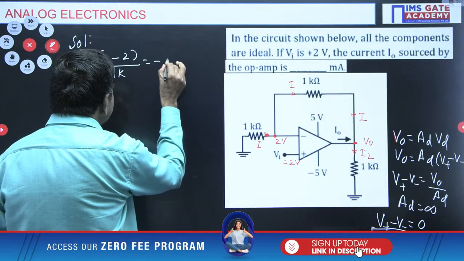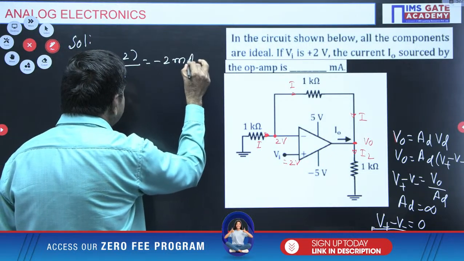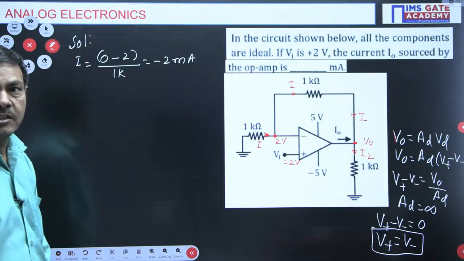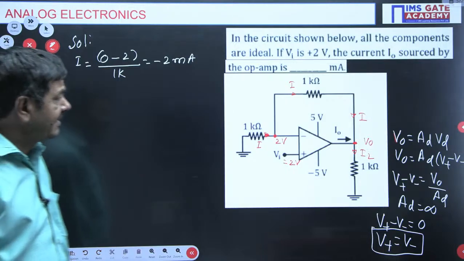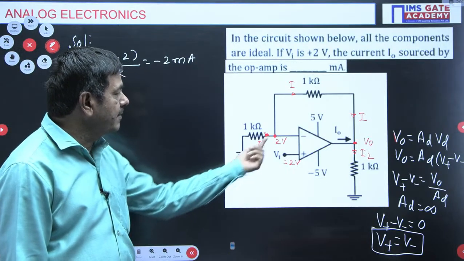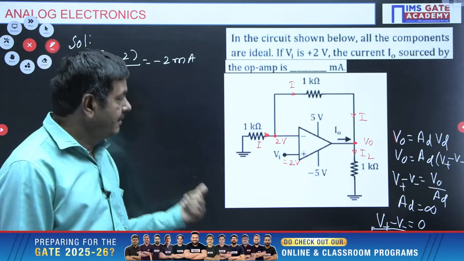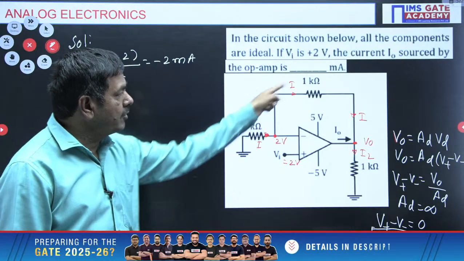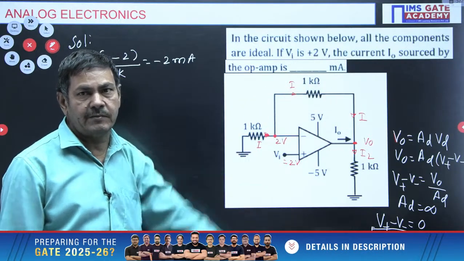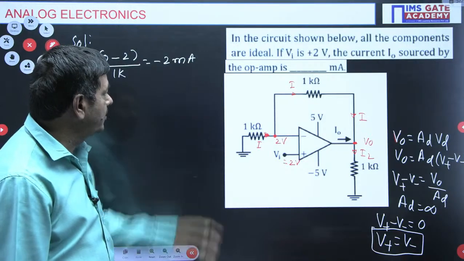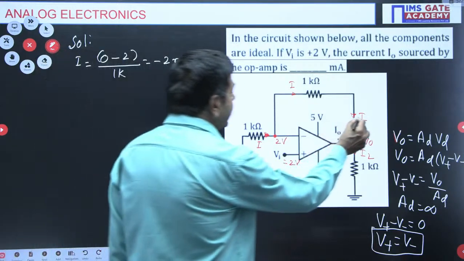This can be taken as minus 2 milliamperes of current. Current passes from higher potential to lower potential, but for our convenience I have taken this direction. In that case I am getting minus 2 milliamperes. Yes, we are getting I.